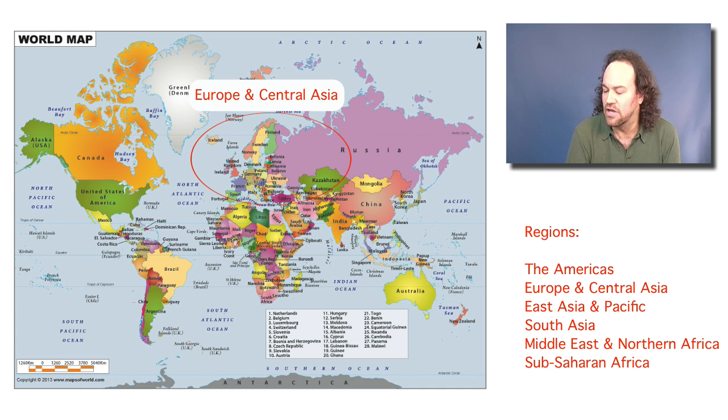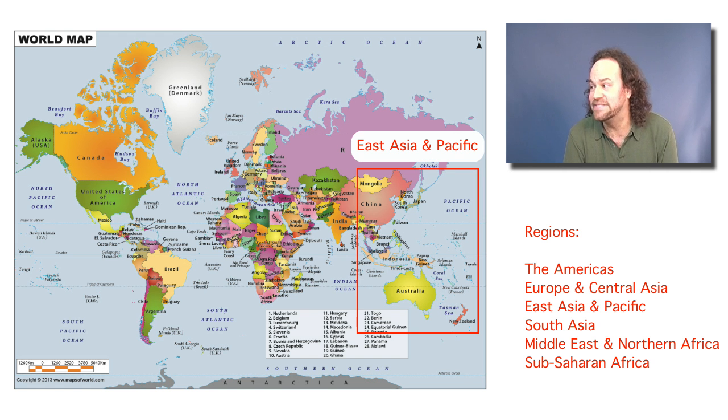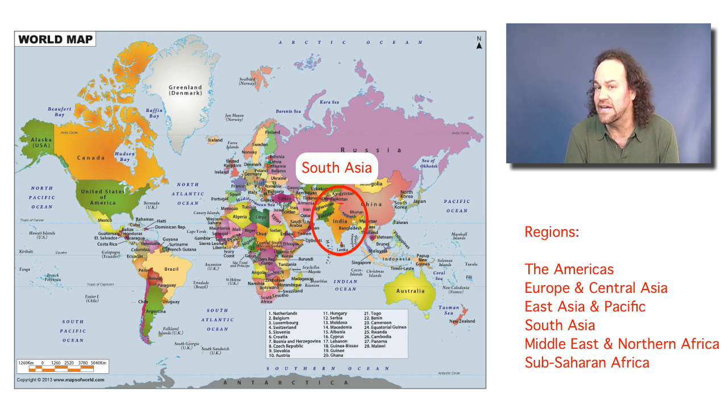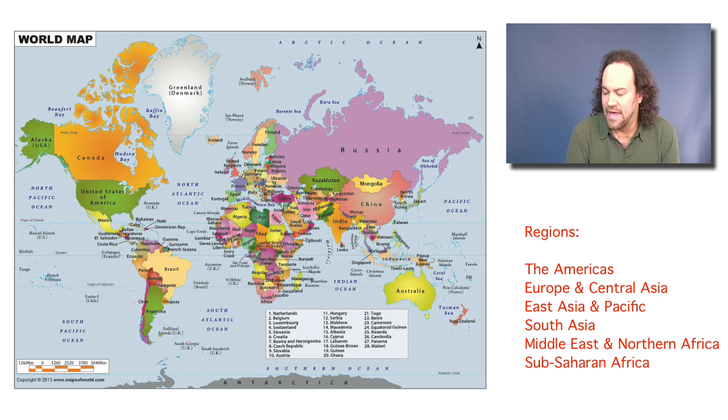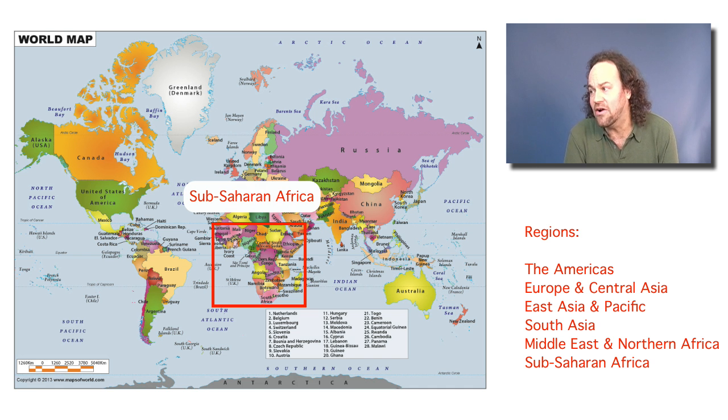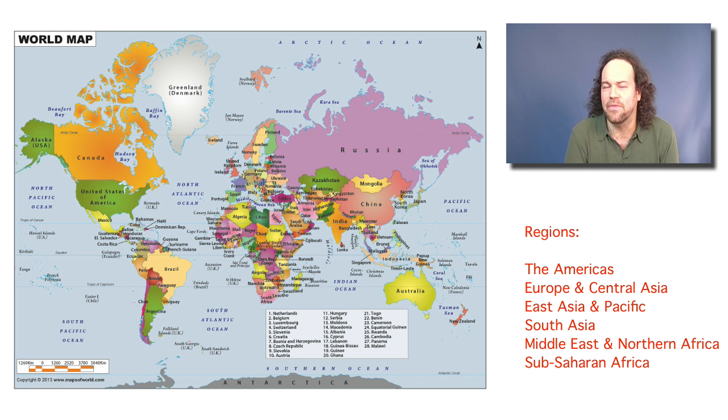They talked about Europe and Central Asia as another region. They talked about East Asia and the Pacific as another region. They talked about South Asia as a fourth region, and the Middle East and Northern Africa as a fifth region, and finally Sub-Saharan Africa as the sixth region. In that way, they divided up the map into 6 regions.